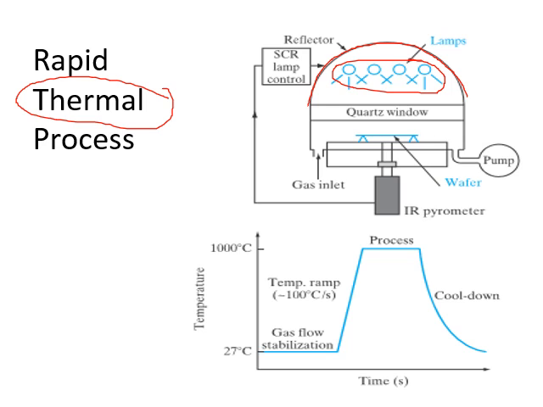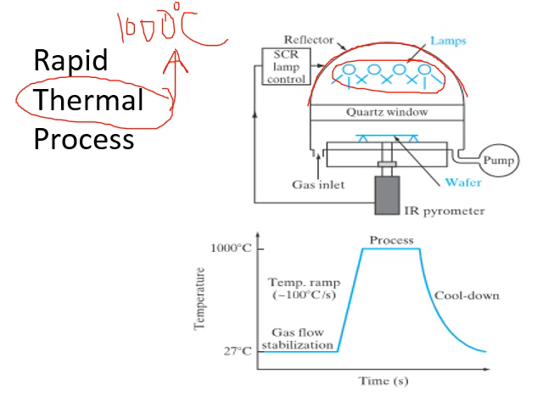Due to multiple reflections, the temperature rises very quickly. Within 8 to 10 seconds, we may get the temperature up to 1000 degrees centigrade. So in order to save time, we can go with this rapid thermal process.